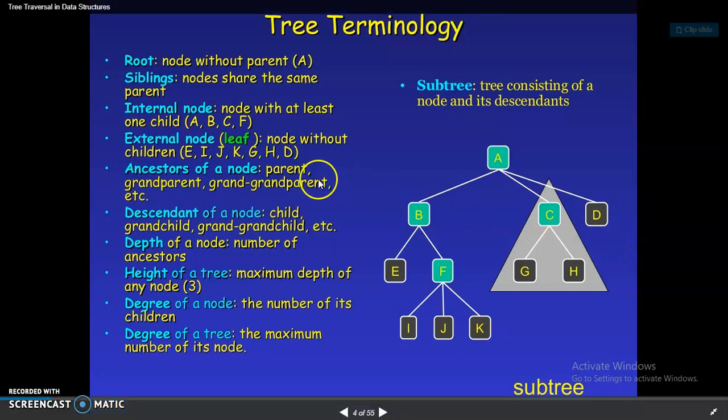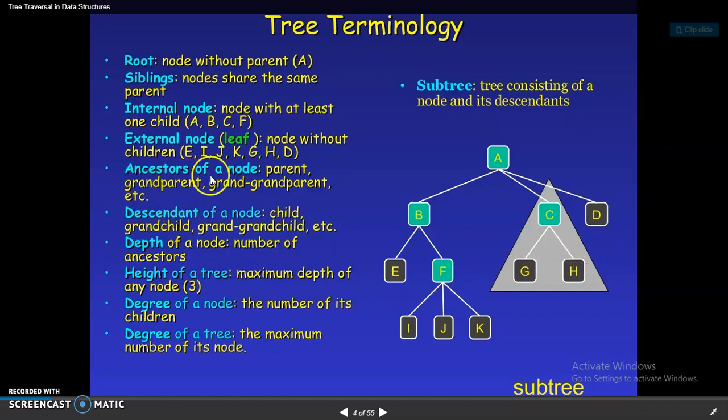Next is the external node. External nodes are nodes without any child nodes, and these can also be called leaf nodes. Those are E, I, J, K, G, H, and D. These are the leaf nodes, which don't have any child nodes.